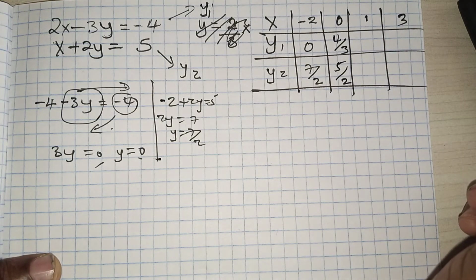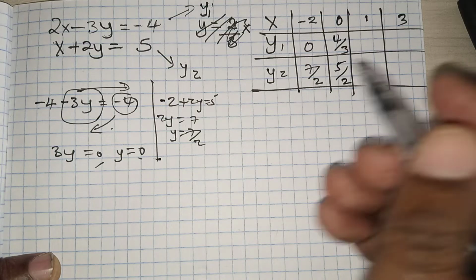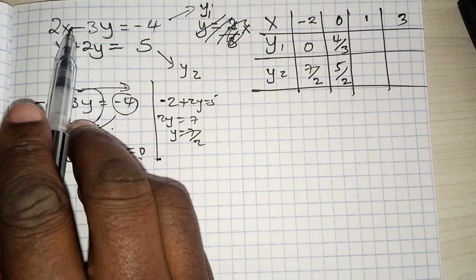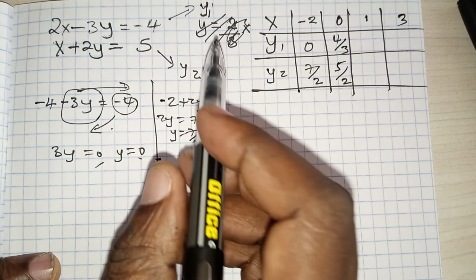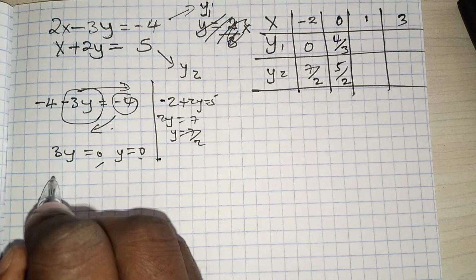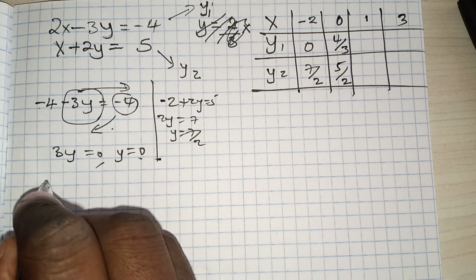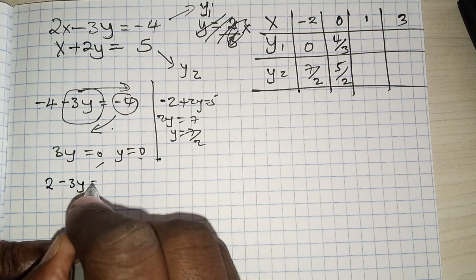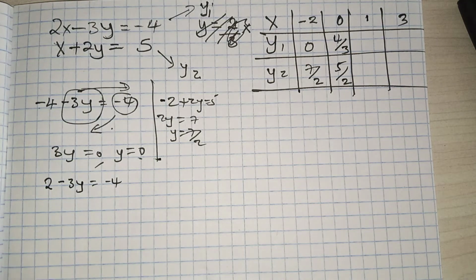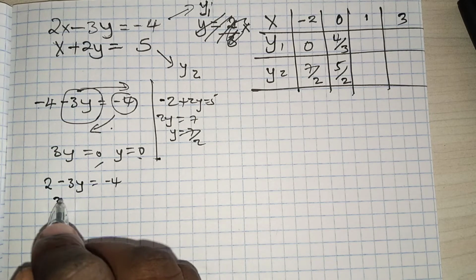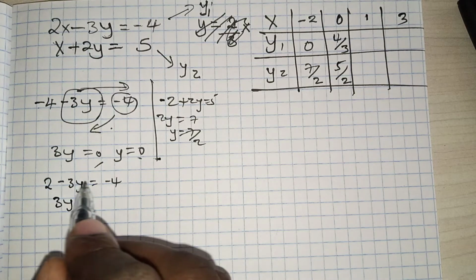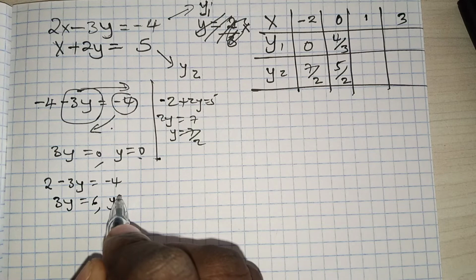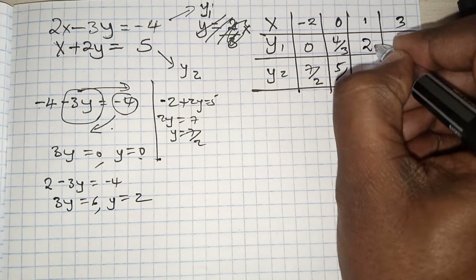When x is equal to 1 for equation 1, we have 1 times 2, which is 2, minus 3y is equal to minus 4. And what does this give us? That 3y is equal to 2 plus 4, which is 6, and y is 2.